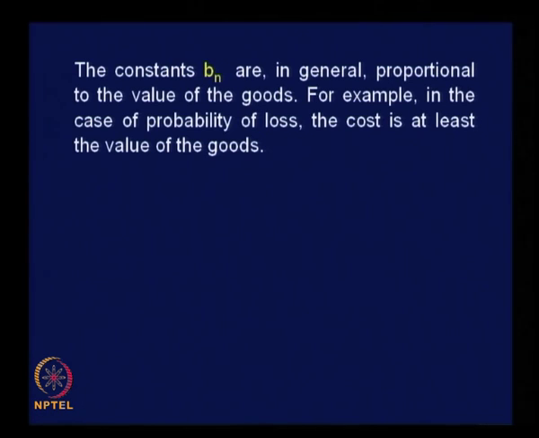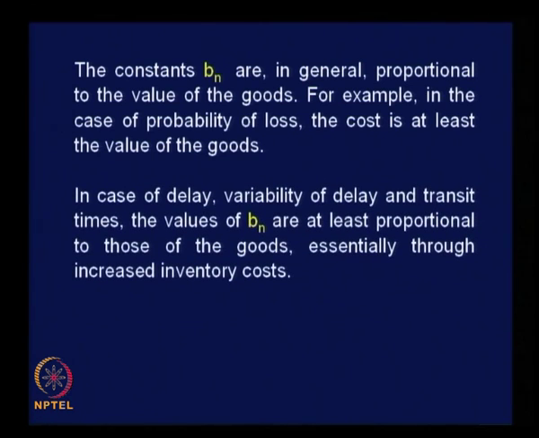That is how the coefficient value has to be worked out. In the case of delay, variability of delay and transit times, the value of Bn is at least proportional to those of the goods, essentially through increased inventory costs.